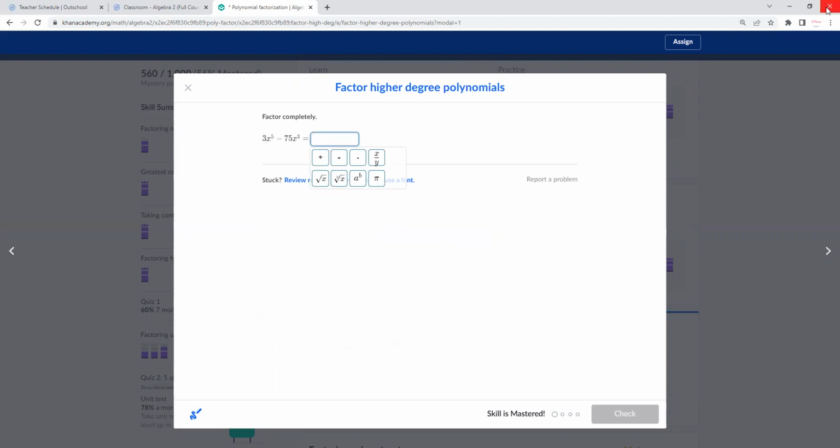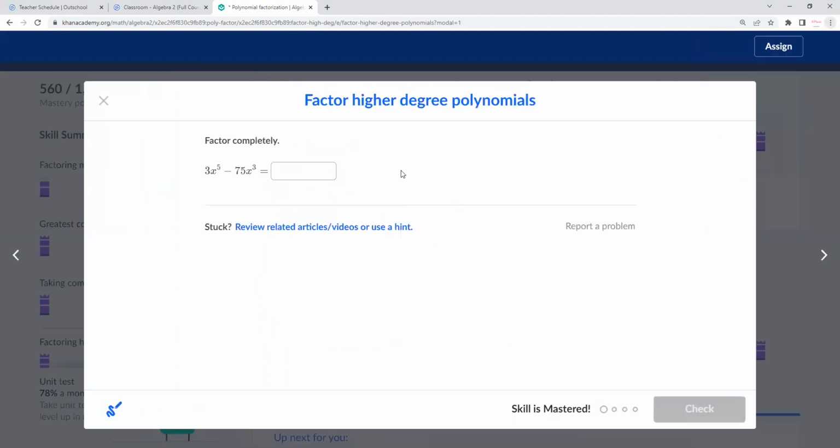So let me actually zoom in a little bit. If I were to take out the GCF, I would get x squared. What do I have left? 3x squared minus, actually, I can take out a 3, too. I have an x squared minus 75 divided by 3 is 25.